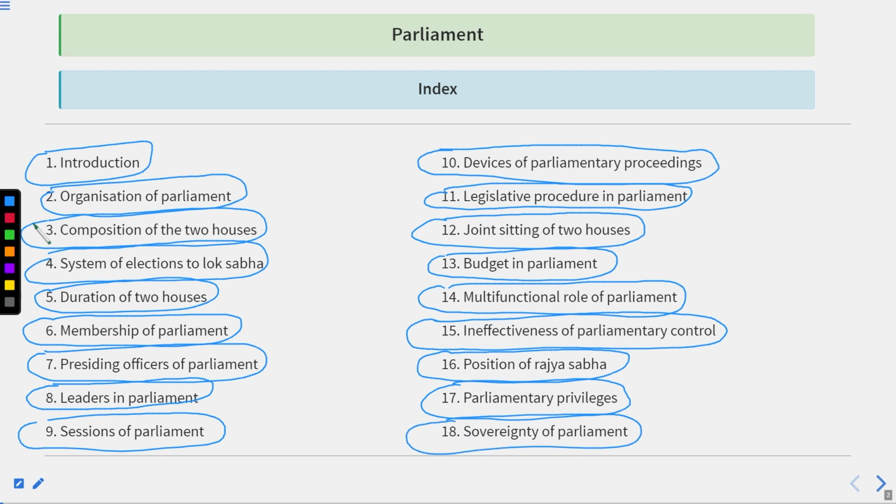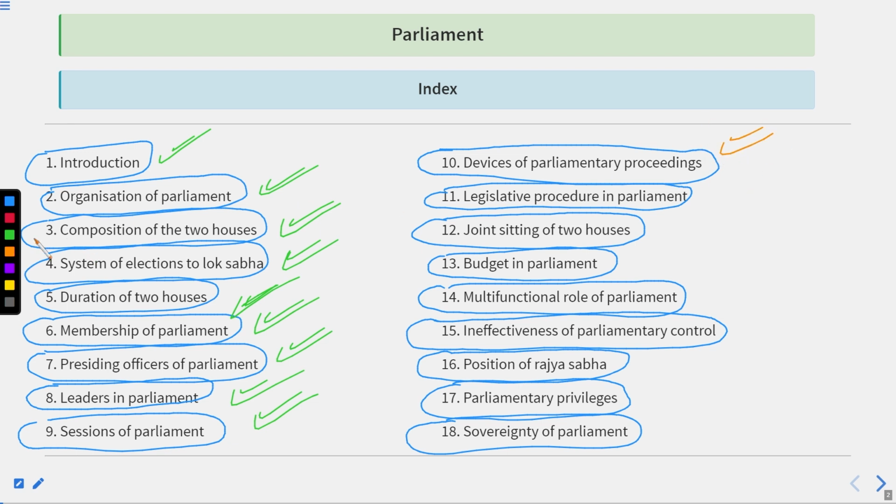If we talk about the topics we have discussed so far, we have finished the introduction part. Thereafter, the organization of parliament, composition of two houses, system of elections to Lok Sabha, duration of two houses, membership of parliament, presiding officers of parliament, leaders in parliament, sessions of parliament, and devices of parliamentary proceedings is the topic we have been discussing.